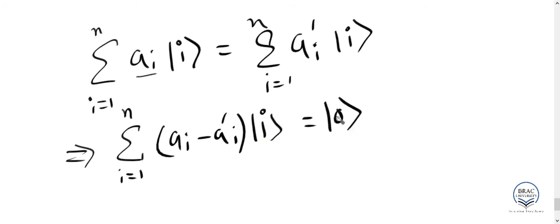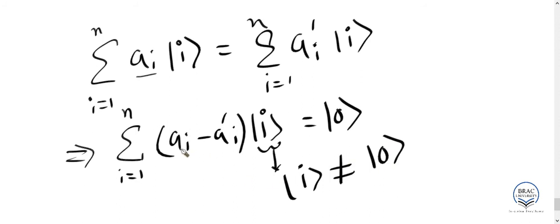Subtracting, the result is just the null vector, right? But e_i is not the null vector. So this means the differences of the components, a_i minus a_i prime, are equal to the components of the null vector, that is 0.